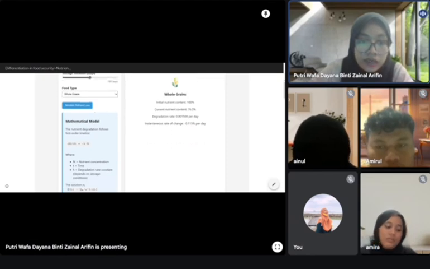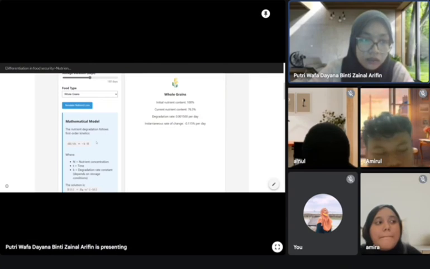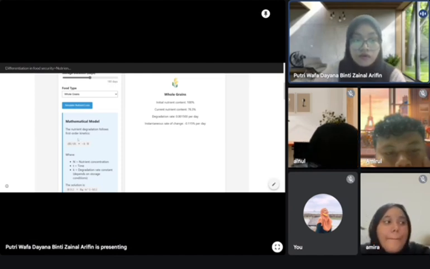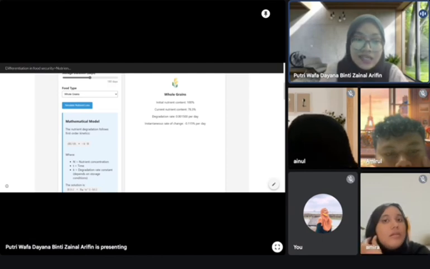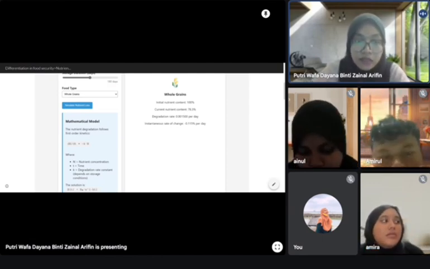And here we have a mathematical model. Now let me explain the mathematical model used to represent nutrient degradation. This model follows first order kinetics, which means that the rate of nutrient loss depends on the amount of nutrient present at the time.